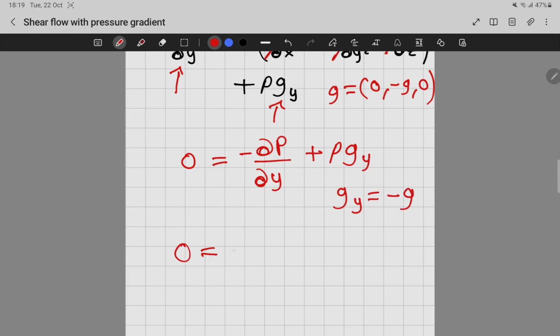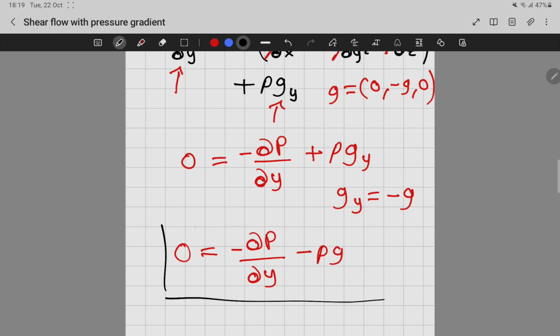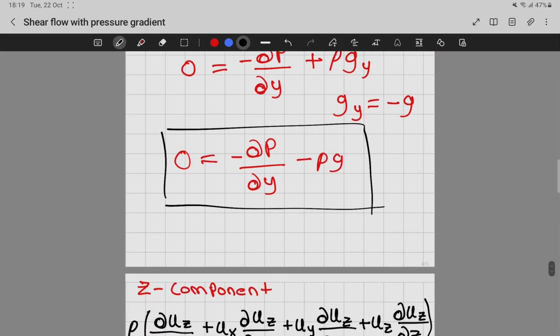So this is a very famous equation in fluid mechanics, which is called the hydrostatic equation.